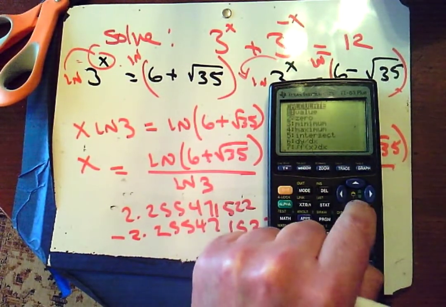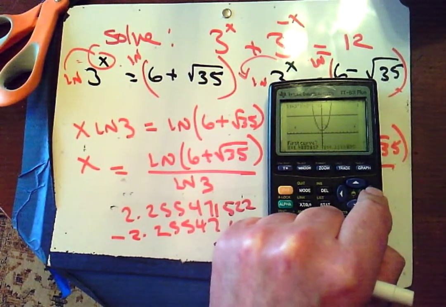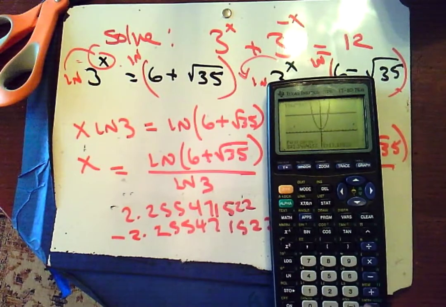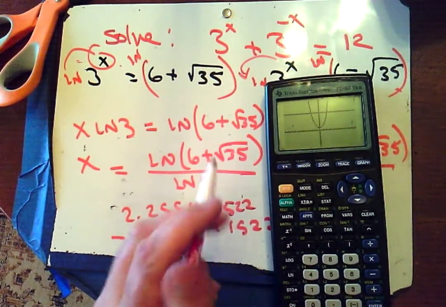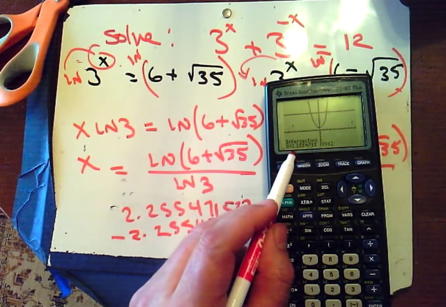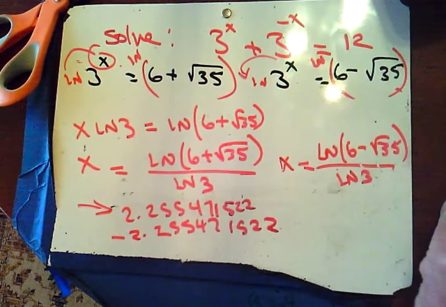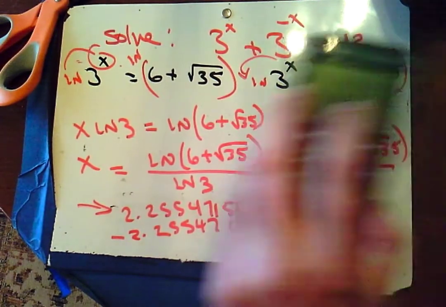Second, calculate intersect. I bring my cursor close to the point of intersection. I hit enter, enter, enter. And so I end up with 2.2554. There it is.